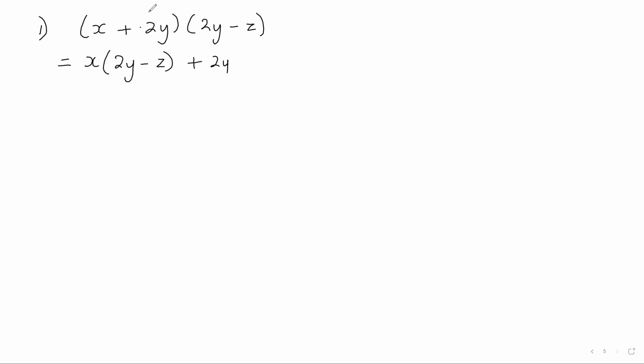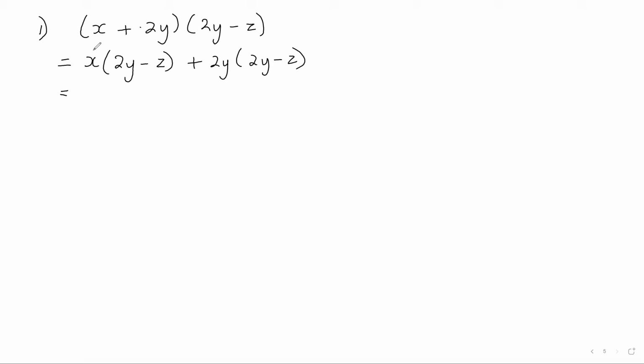Right. So let's say we have x plus 2y by 2y minus c. So this would be x by the second pair of brackets, 2y minus c, plus 2y, that's the other term in the first pair of brackets, by 2y minus c.